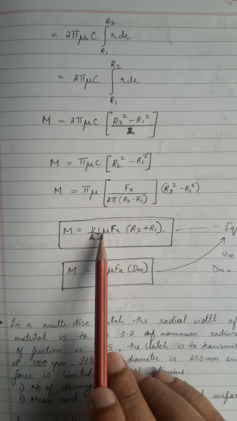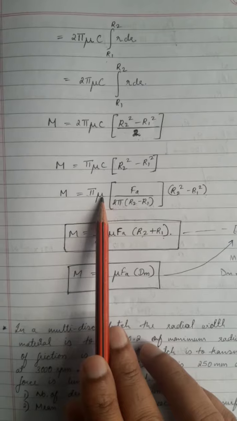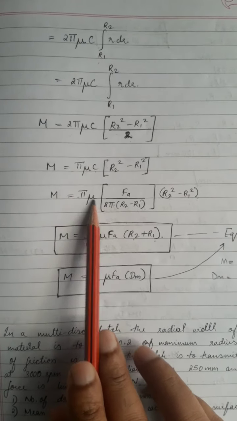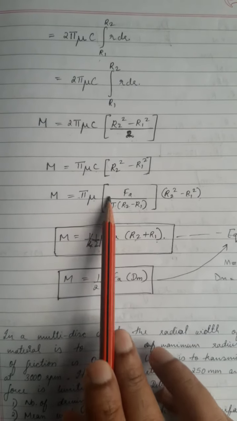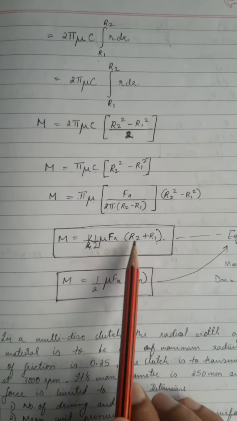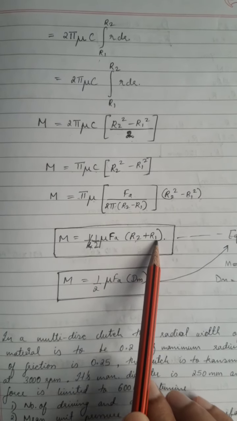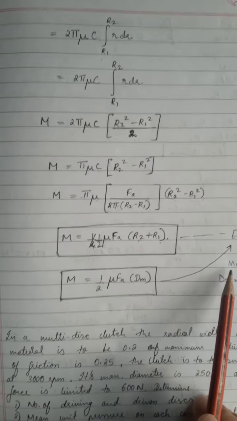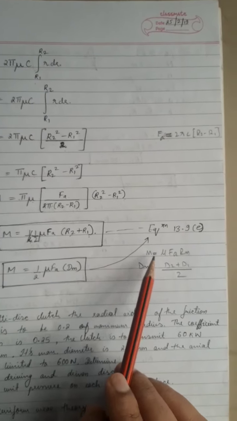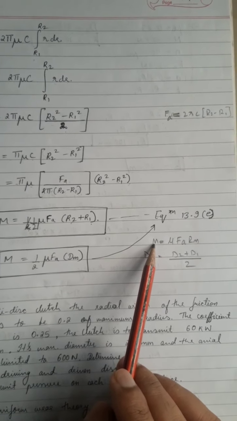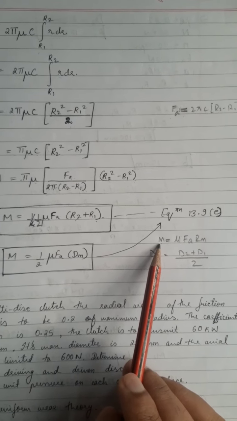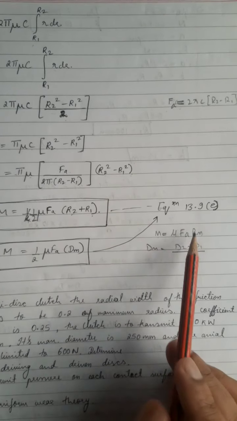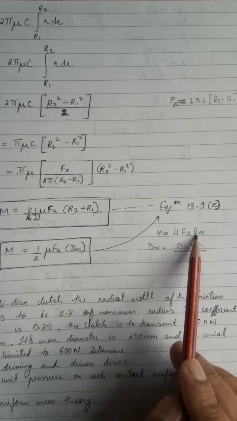Here pi will get cancelled, and we have mu into Fa divided by 2, and we are left with r2 plus r1. Again, we know that this (r2 plus r1) divided by 2 can be written as the mean radius Rm.